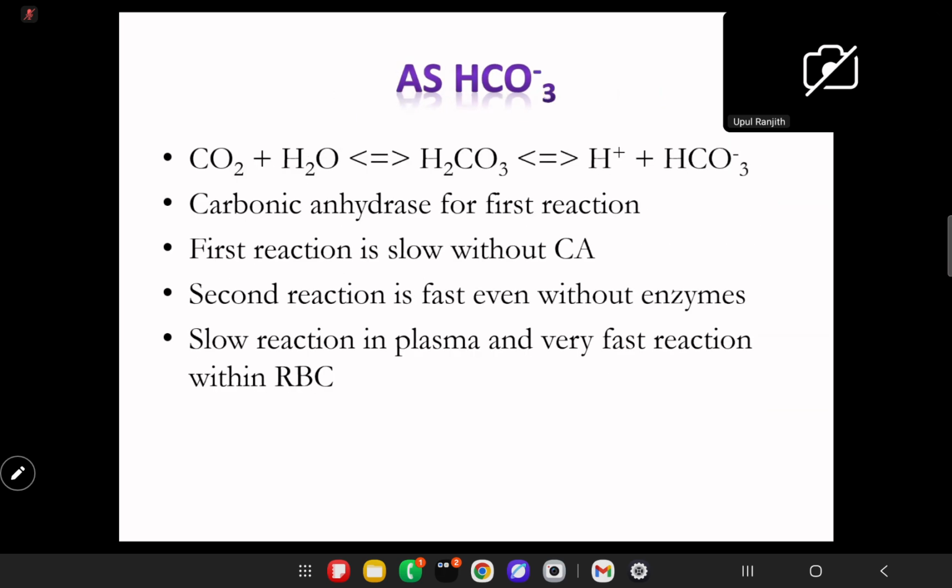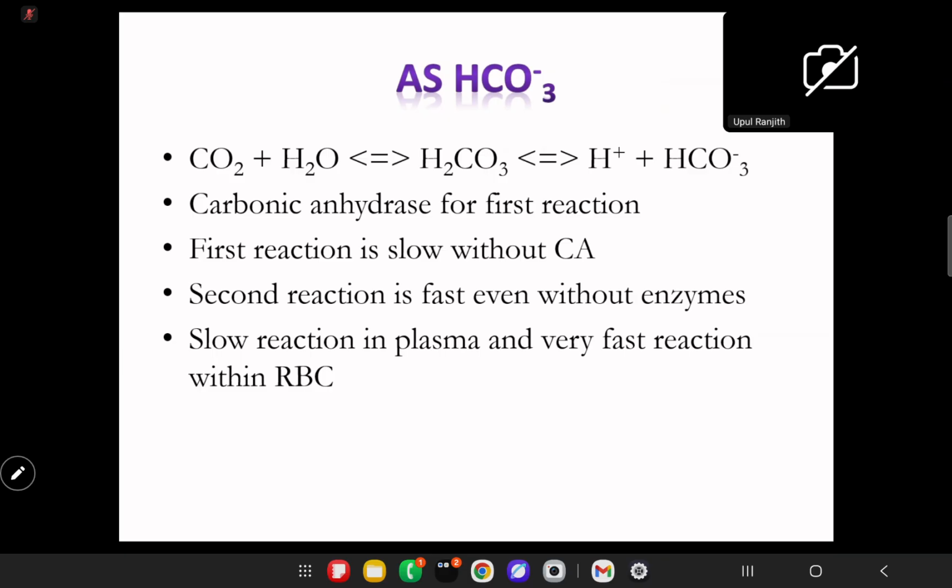Then as bicarbonate, this is the major form that is carried. You are familiar with this equation. Carbon dioxide reacts with water to form carbonic acid, and then dissociates into hydrogen and bicarbonate ion. So this first reaction requires carbonic anhydrase.